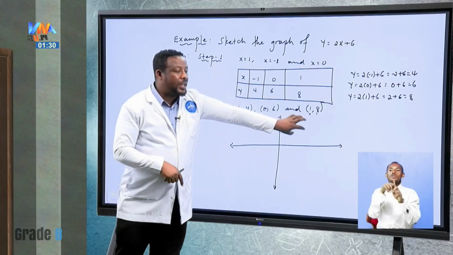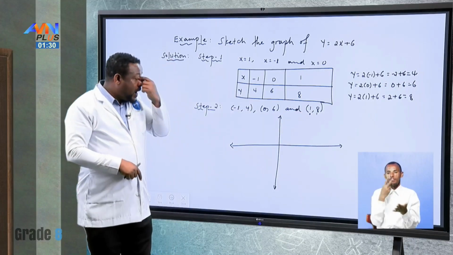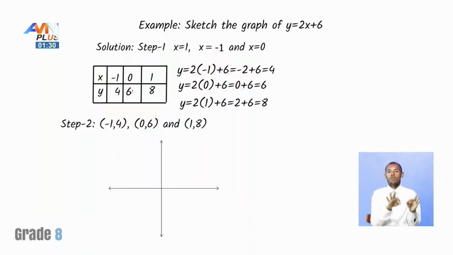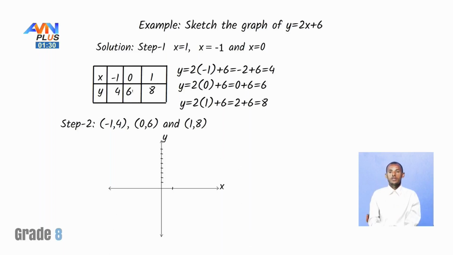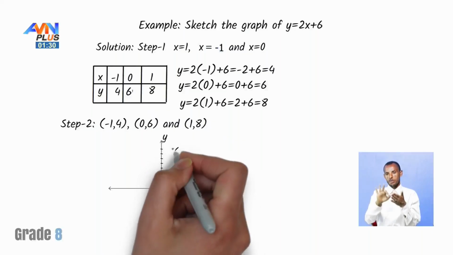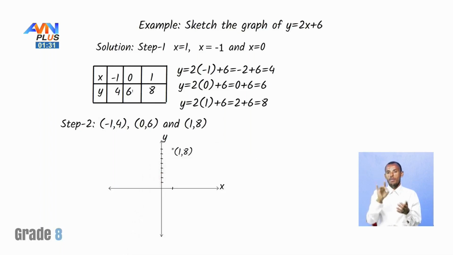Where do I put this (1, 8)? Count 1 unit to the right of the y-axis, and you need to count 8 above the x-axis. So you need to properly count here. Roughly, (1, 8) is a point around here.